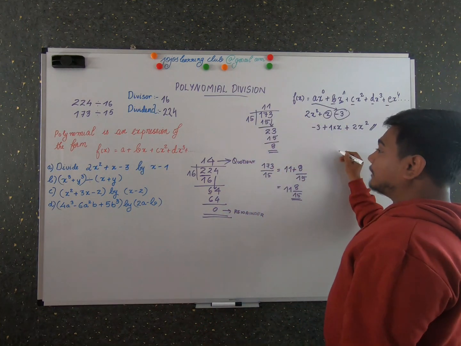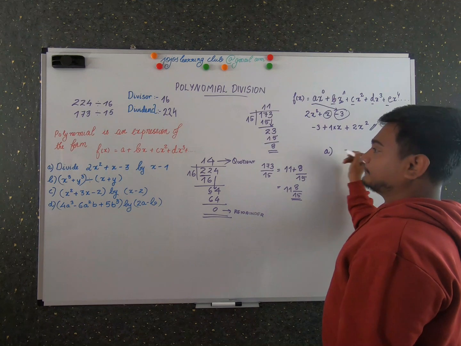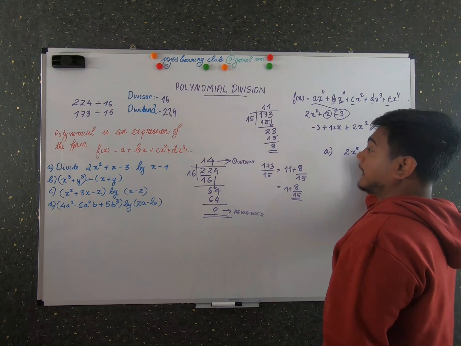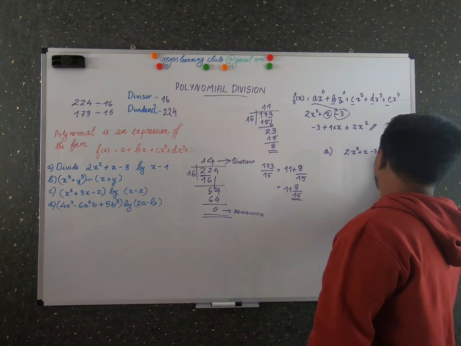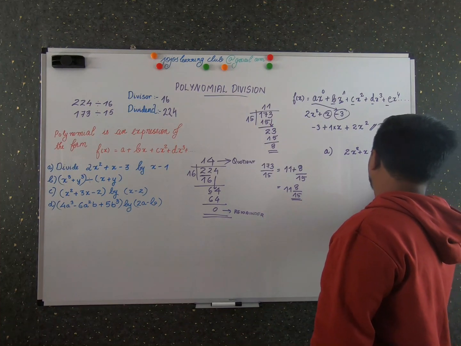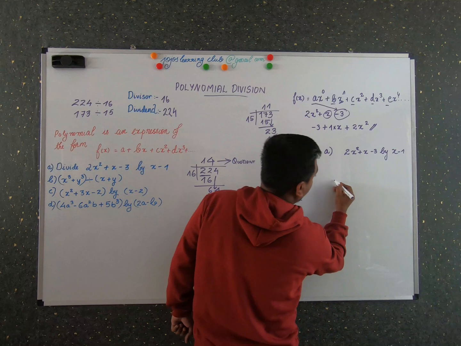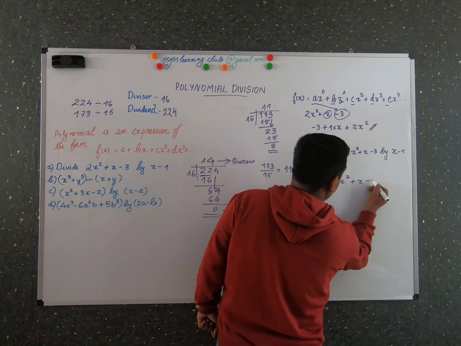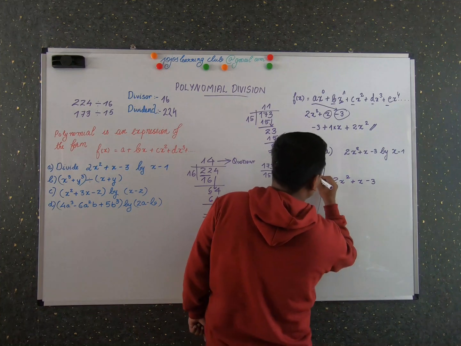For that, I'm taking the first problem, A: 2x square plus x minus 3 divided by x minus 1. Okay, so let's do the calculation. I'm going to do long division.